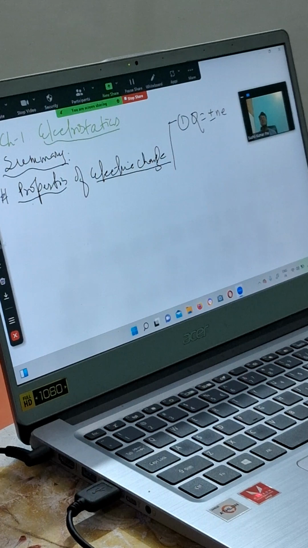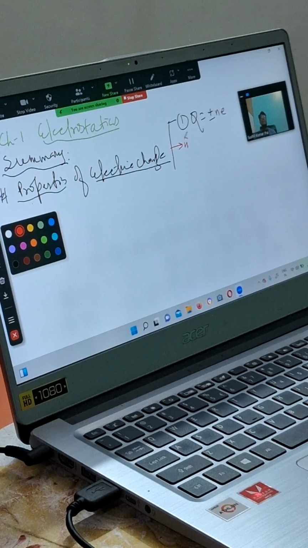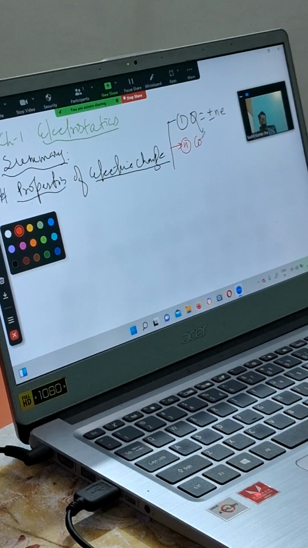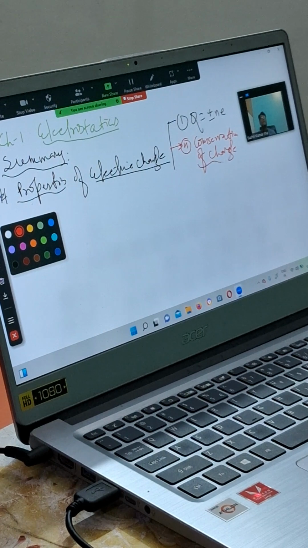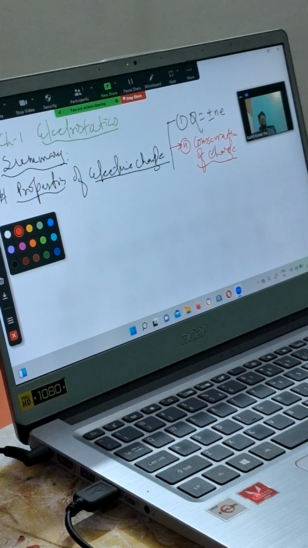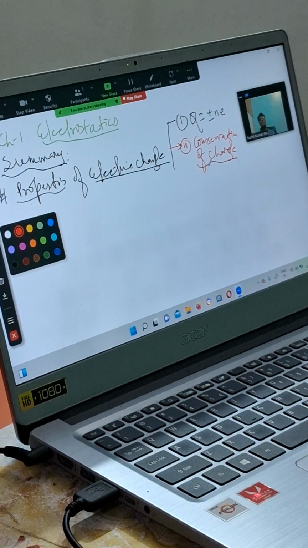Then the second characteristic is the conservation of charge. Conservation means the electric charge can neither be created nor destroyed, only transfer of charge from one object to another is possible.